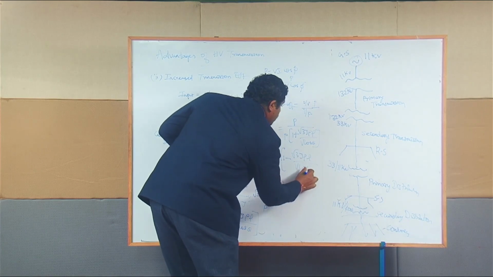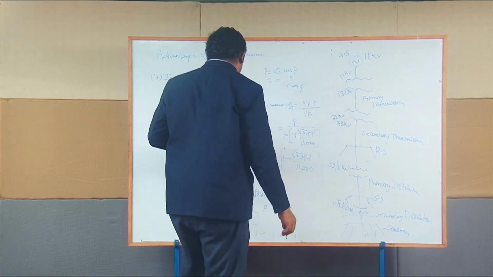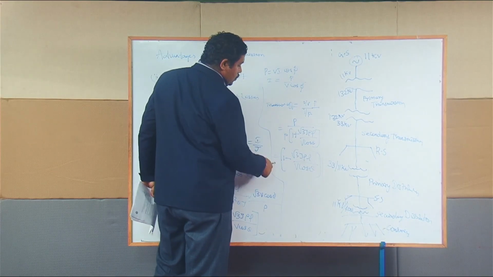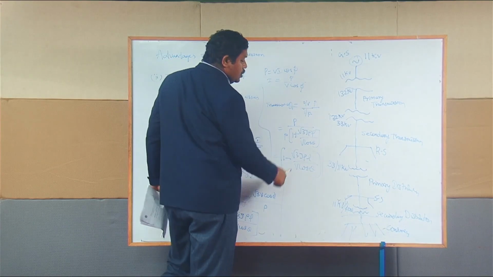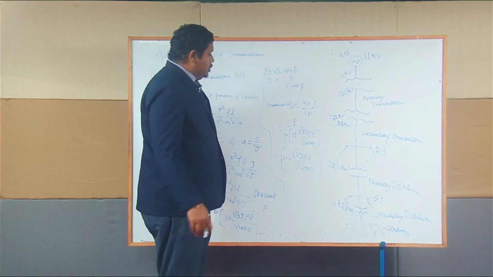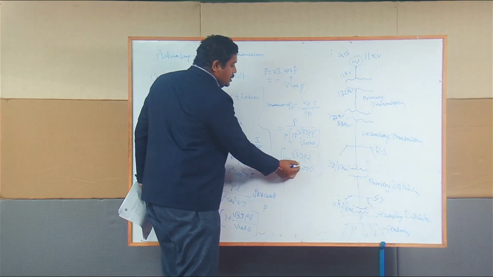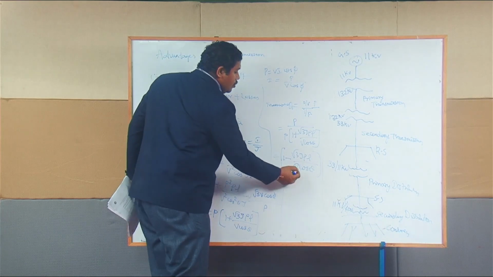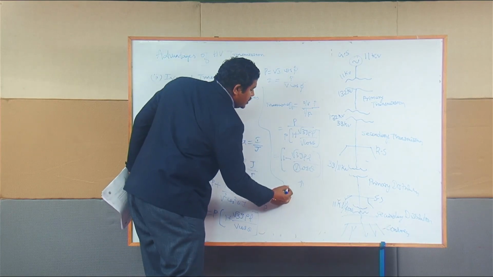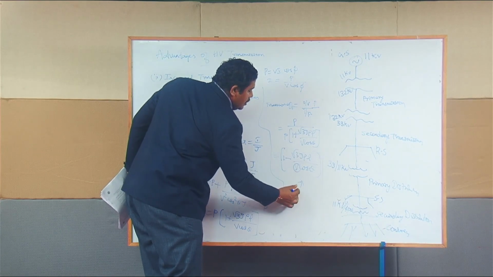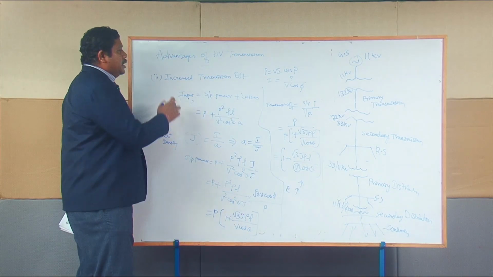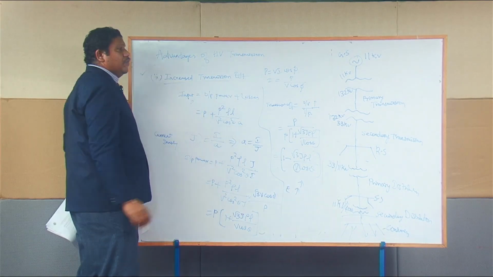From this we can prove that transmission efficiency is given by 1 minus root 3 into J rho L divided by V cos theta, since it is in the denominator in the negative part. So, if you increase the voltage, your efficiency will be more. So, second advantage, increased transmission efficiency, we have proved.